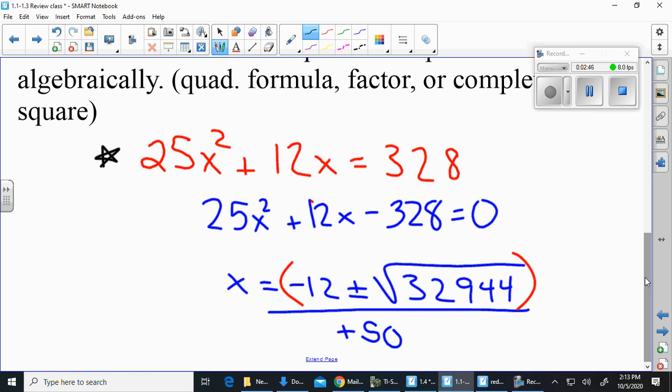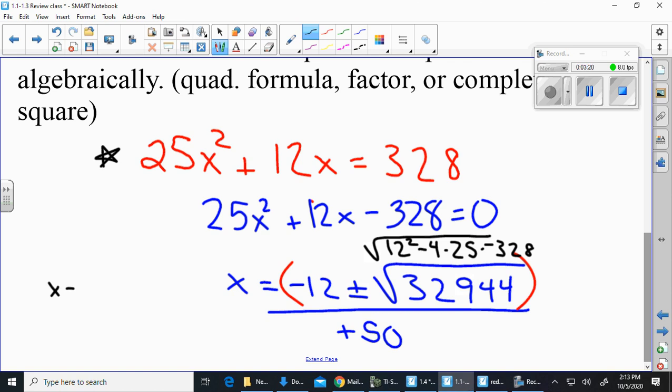I do the opposite of b, plus or minus, the square root of b squared minus 4 times 25 times negative 328. Now, if I asked you to give me a decimal approximation, you do negative 12 plus the square root of 32,944, press equals, divide by 50.